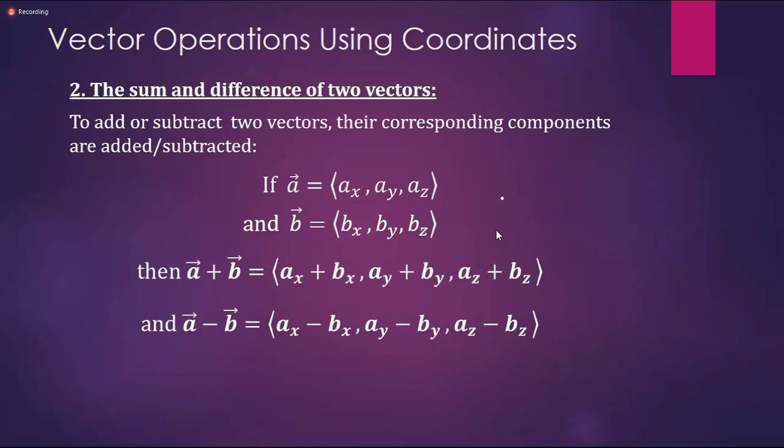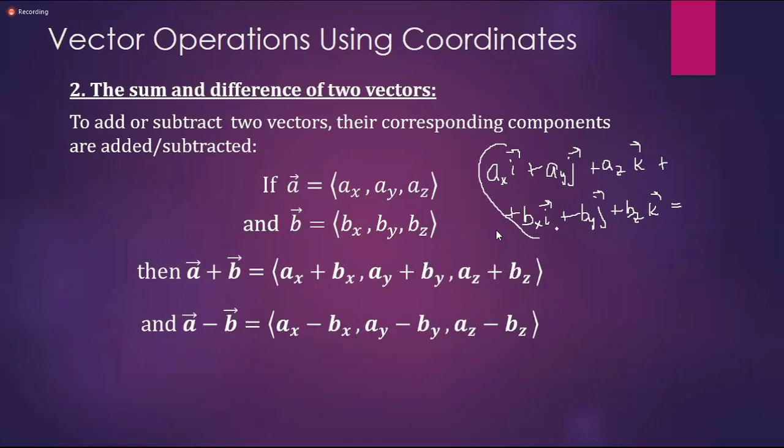And this is one of those moments when those IJK unit vectors are actually very useful. You could say AX I plus AY J plus AZ K, and then we are adding the B vector, BX I plus BY J plus BZ K. And now if we combine the vectors, which we know from vector algebra, it is allowed, we can do that.